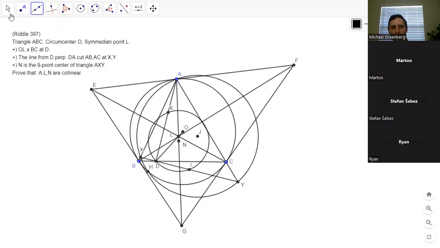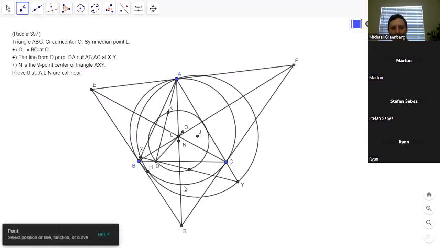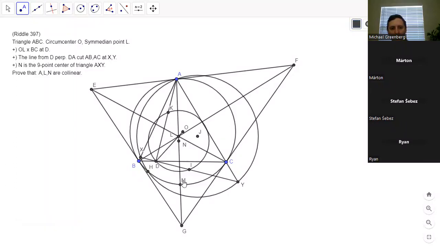I guess another way of phrasing it is, if AM meets this at M, we want to show ABMC is harmonic. Let's see.